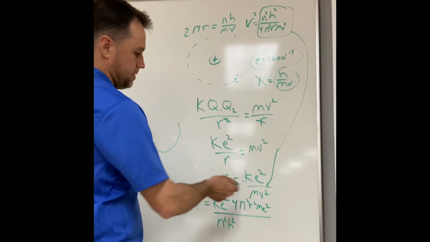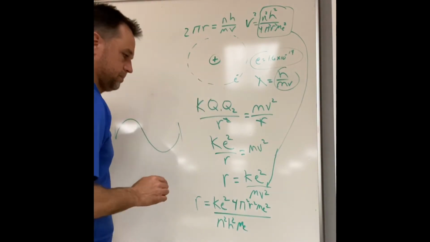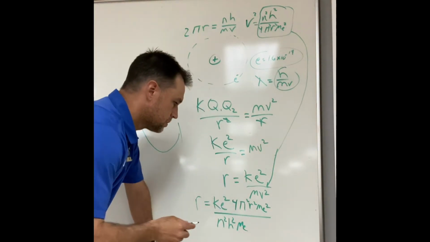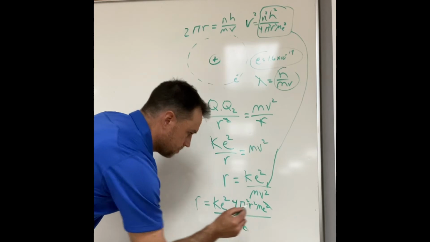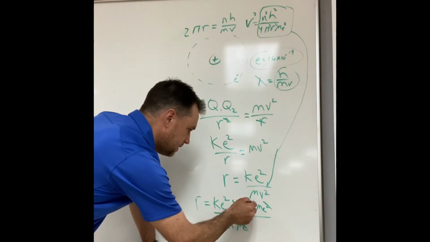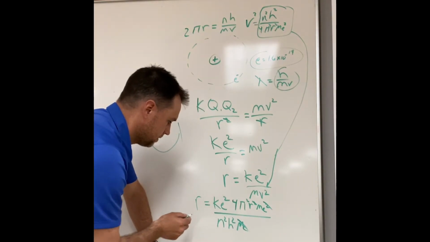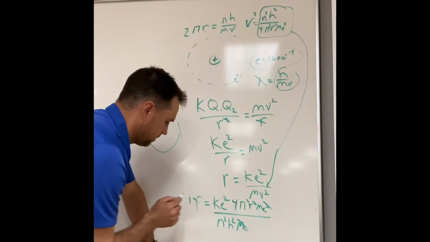And then in our original equation, we still had mass of the electron down there. Okay, so this squared is going to cancel with this mass of the electron, and this squared is going to cancel with this r, which is going to make this 1.